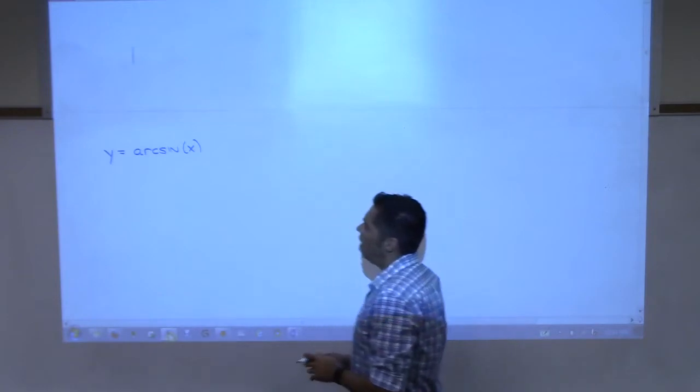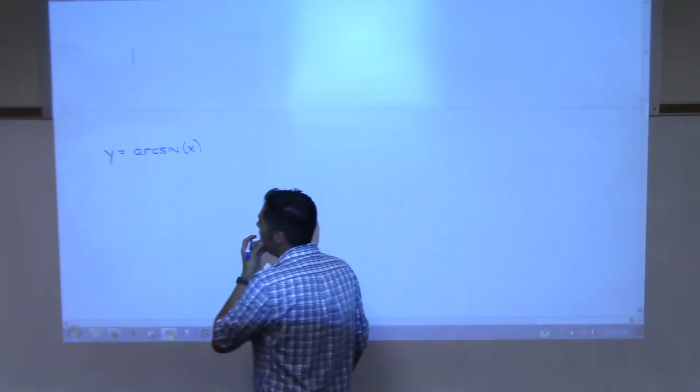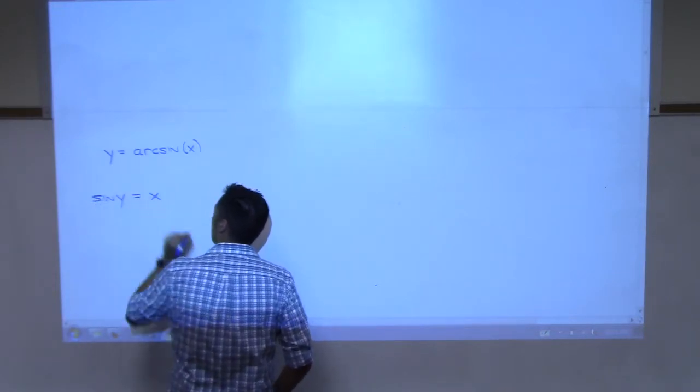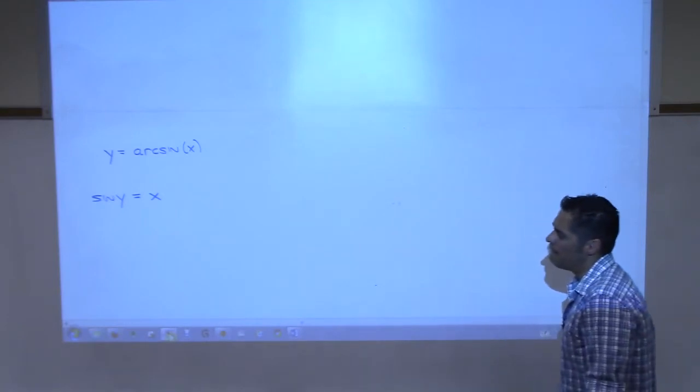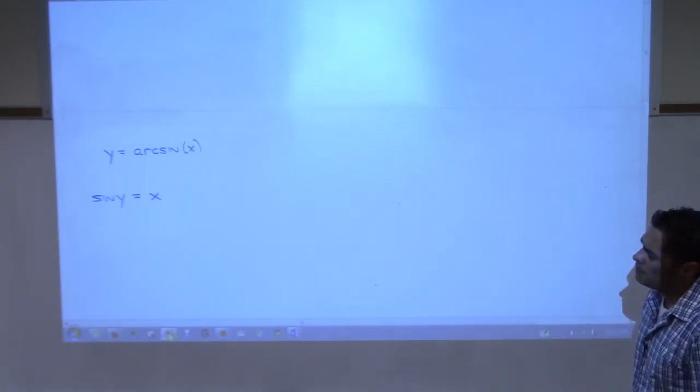Now, I don't know the power series for arcsine. So if I were doing this, first instinct, I know sine of y is x. I know the power series for sine, but I'm not going to be able to solve that for x.